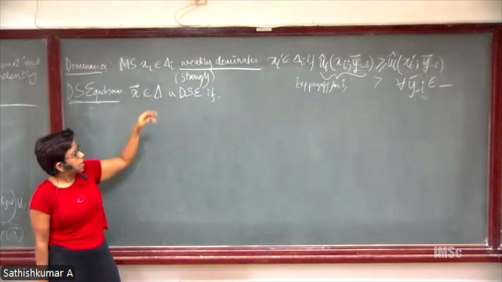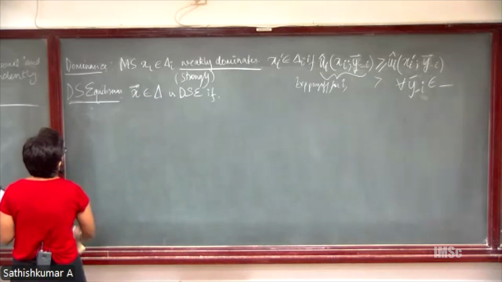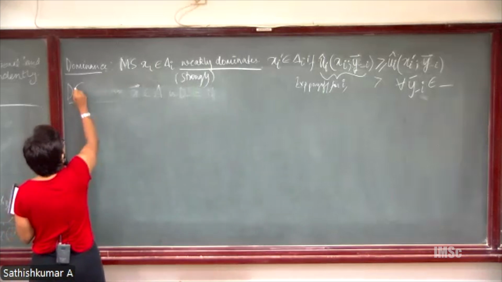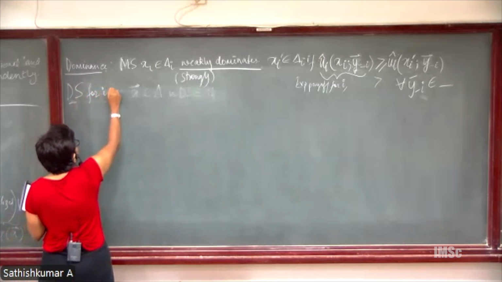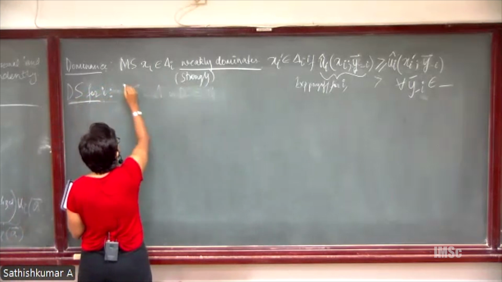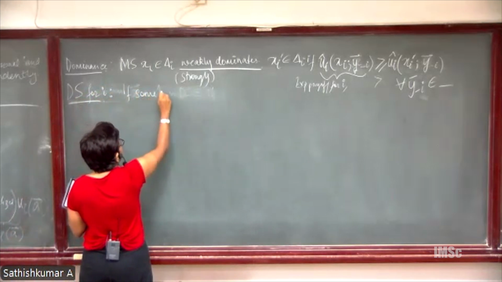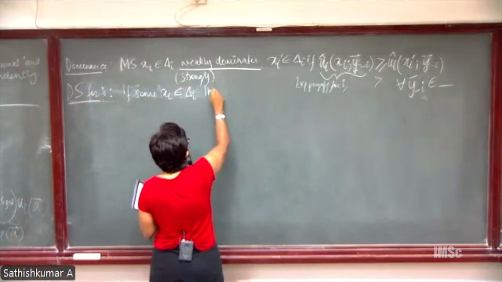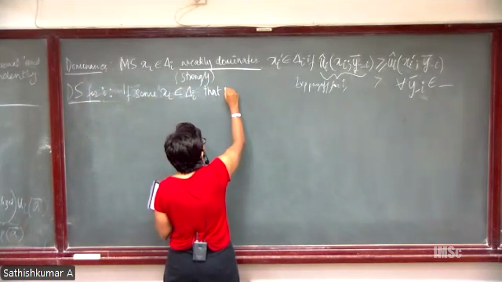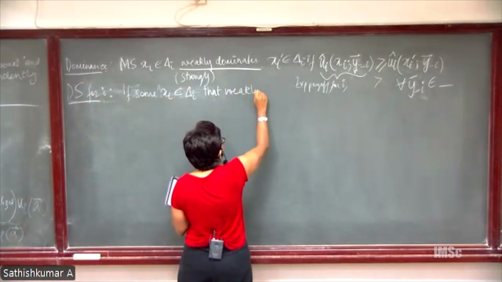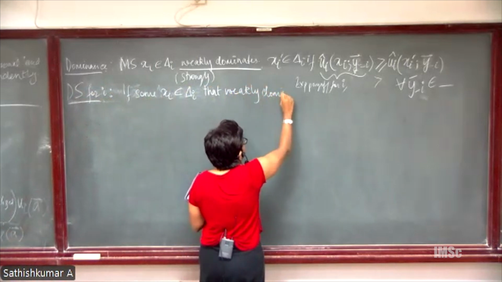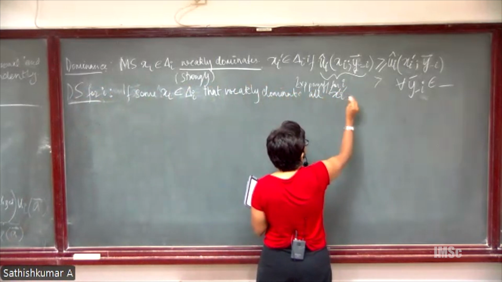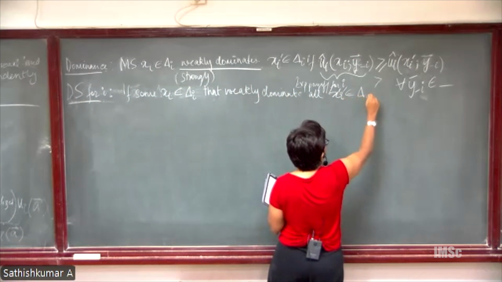So, let's write an intermediate definition first. A dominant strategy for player i is some Xi that weakly dominates all other strategies.